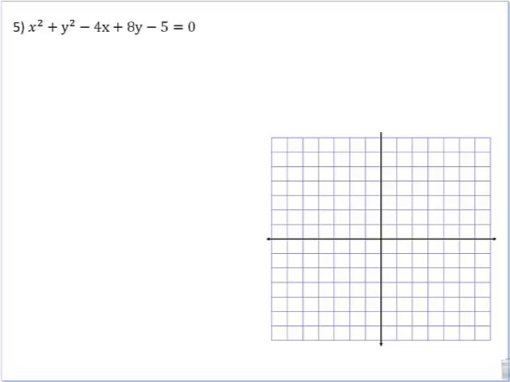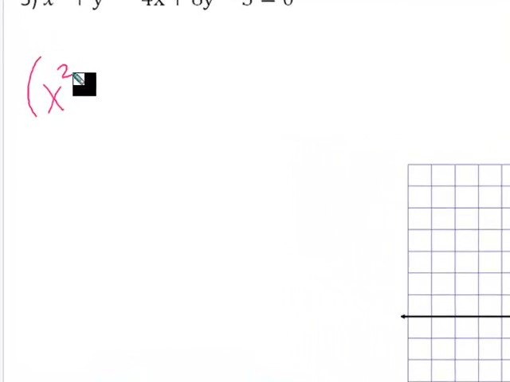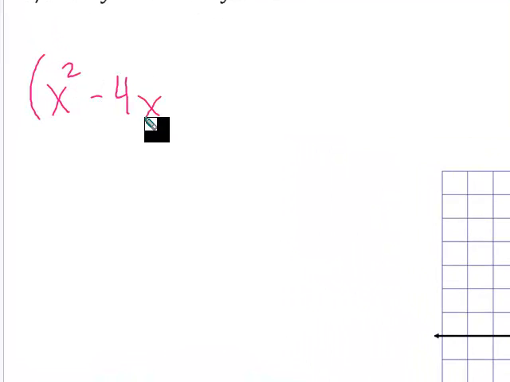So the 5 has to be added over to the other side. And then what else should we do in the same step? Yep, get your x's together and get your y's together. So x squared, what will go with the x squared? The minus 4x. Yep, we'll leave a blank spot because we know we're going to want to complete that square.